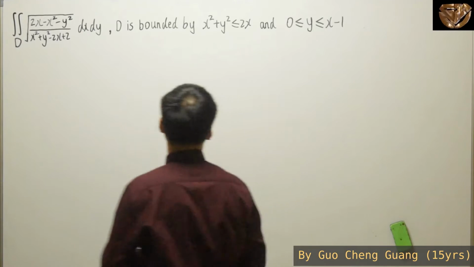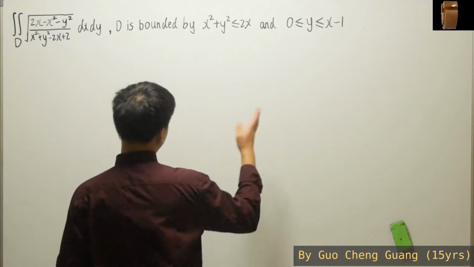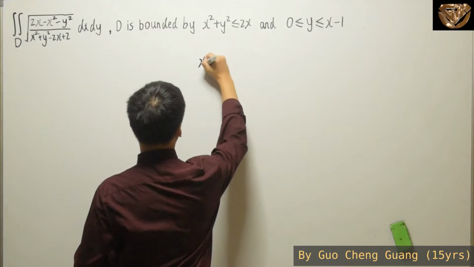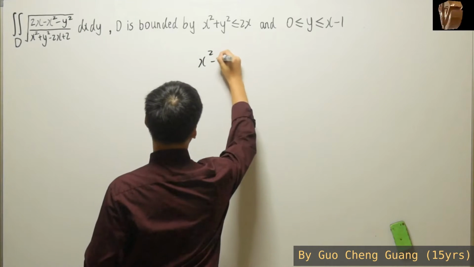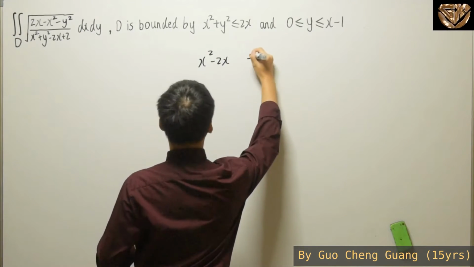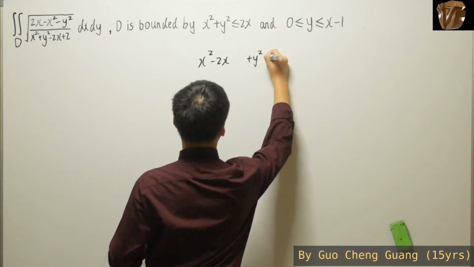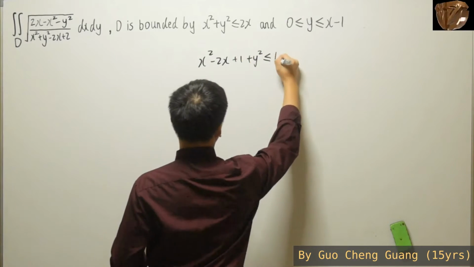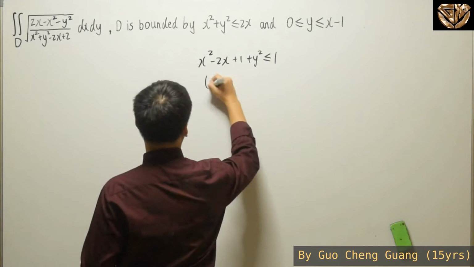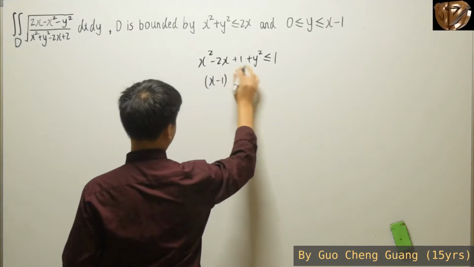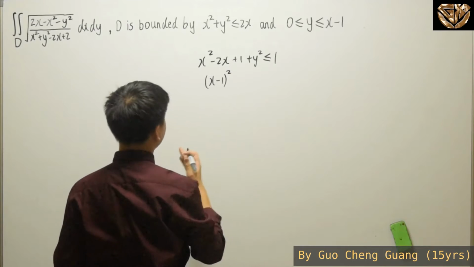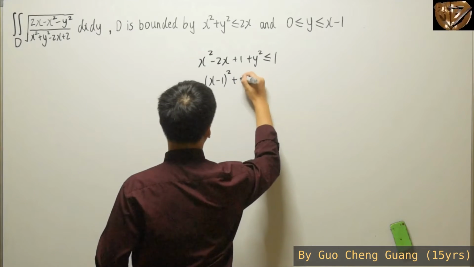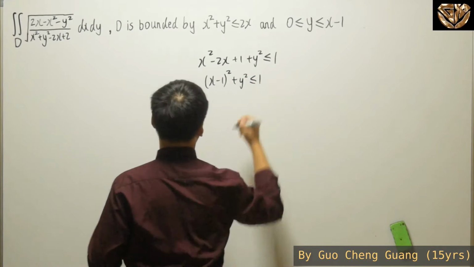But in case you didn't know, you move the 2x to the other side, so x squared minus 2x plus y squared. Then we add 1 on both sides, and now the first three terms can be made into x minus 1 squared, and this is your equation.